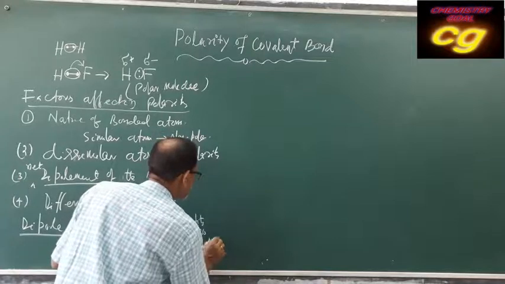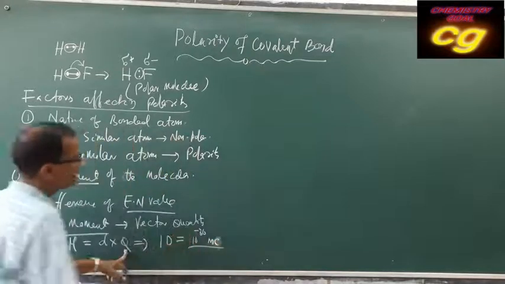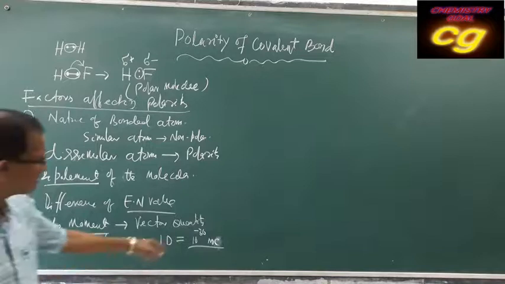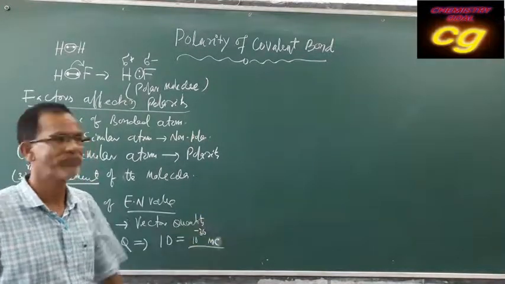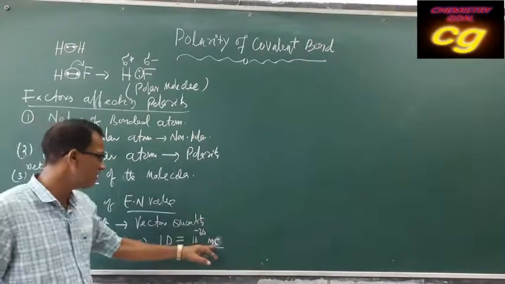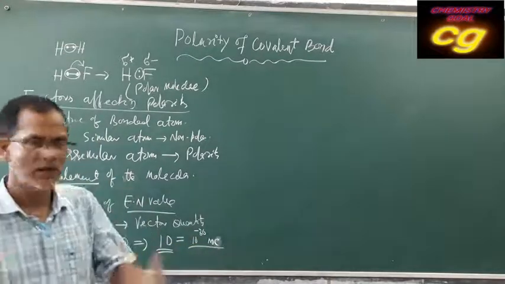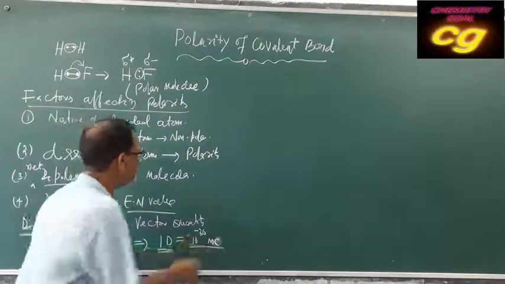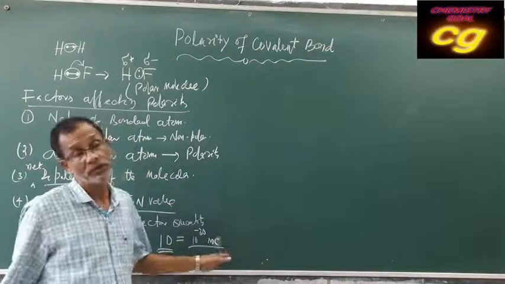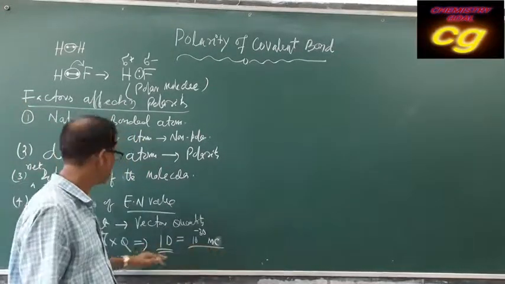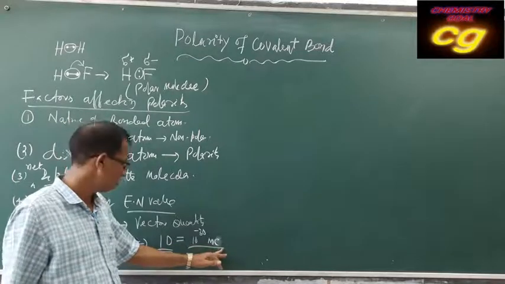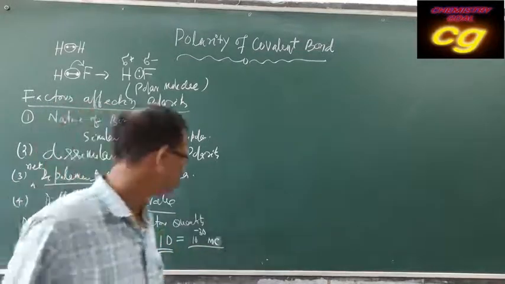So around 10 to the power minus 30 meter coulomb is equal to 1 Debye. This is the unit of 1 Debye.